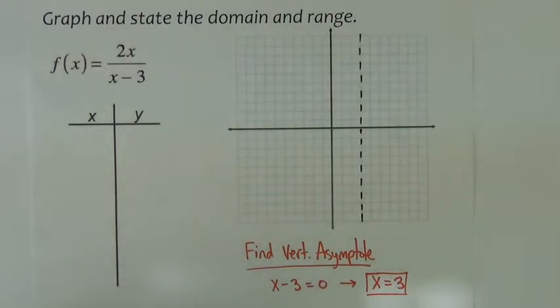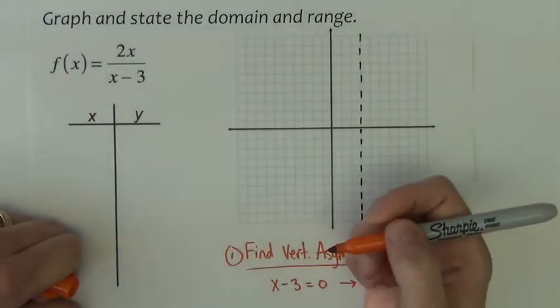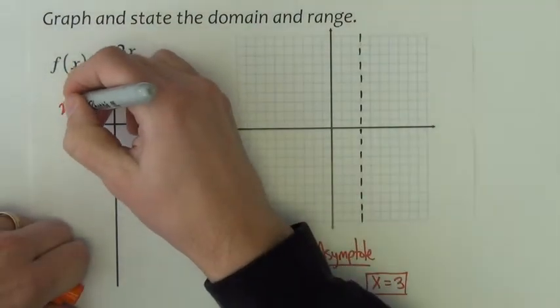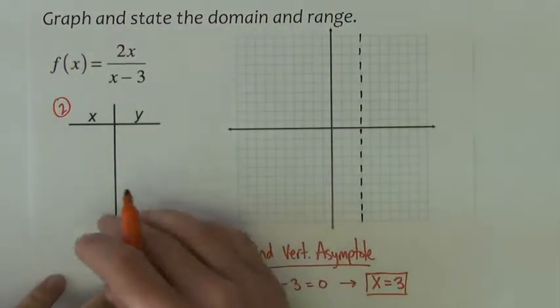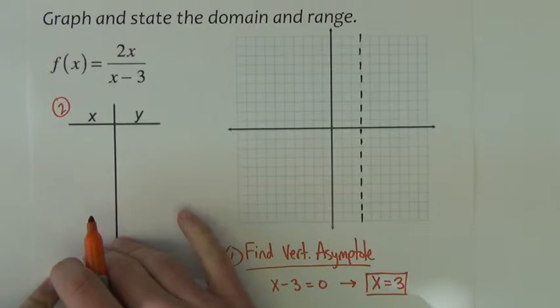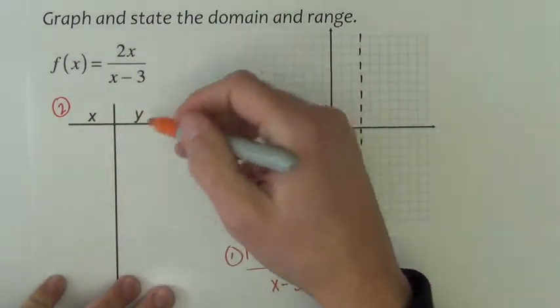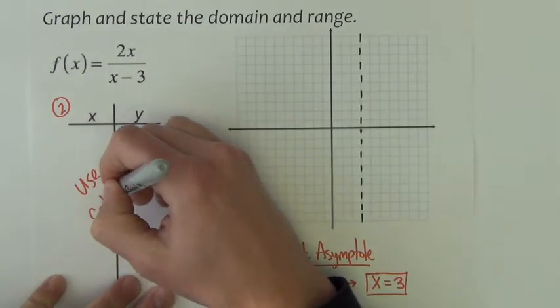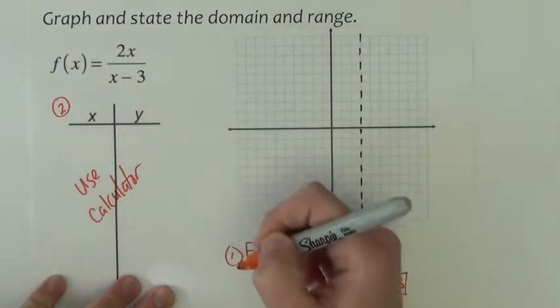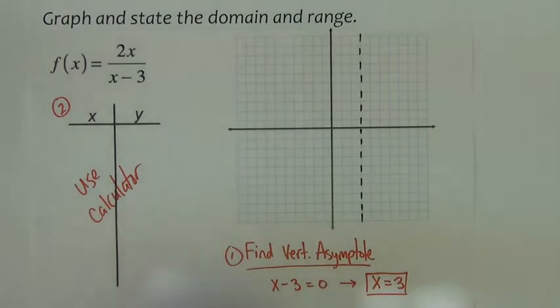The second thing I'm going to do is make a table of values. And instead of having you do the table of values by hand, picking numbers and plugging them in for x, I'm going to let you use a calculator to do that. I'll show you how now.